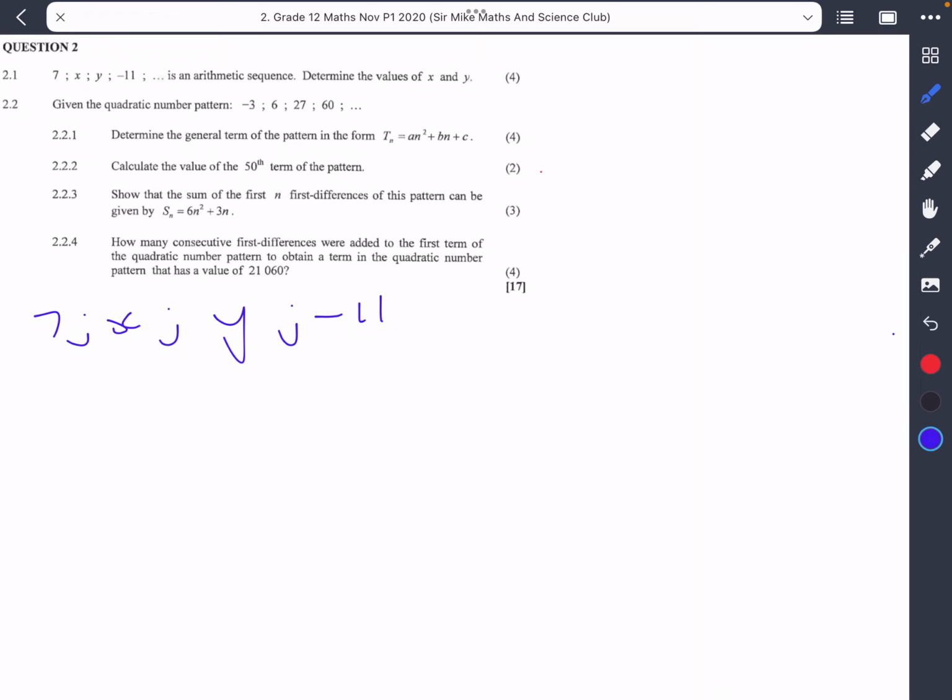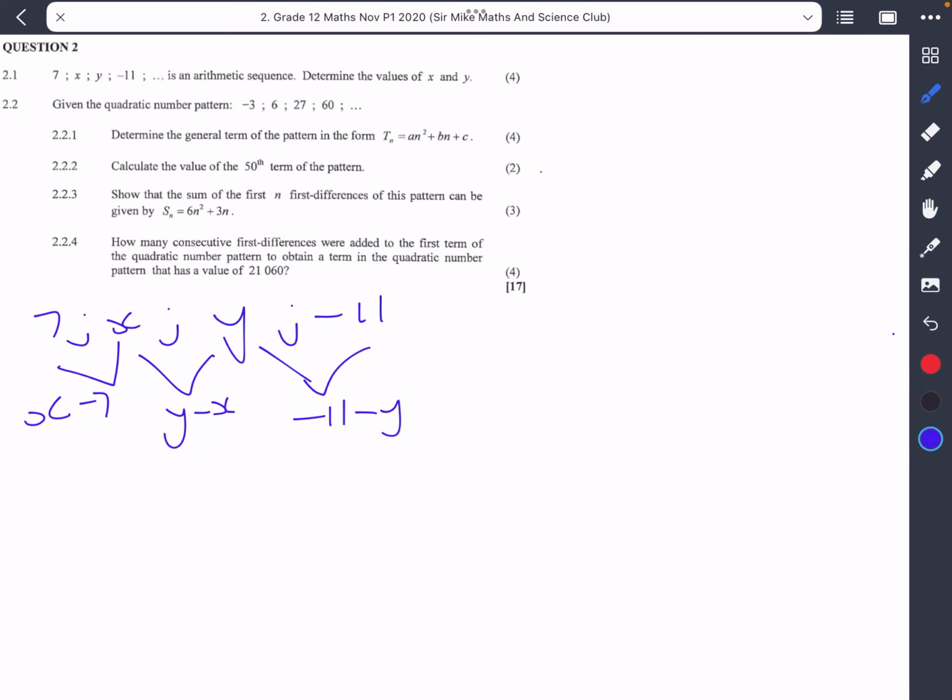If I take t2 minus t1, which is x minus 7, I must get the same value if I take t3 minus t2, which is y minus x. And I need to get the same value again if I take t4 minus t3, so this would be negative 11 minus y.